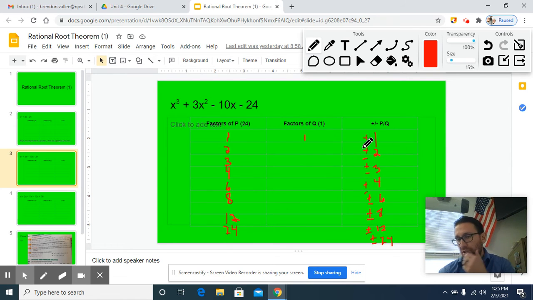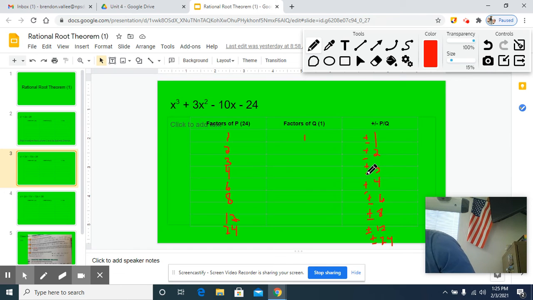So now what you're going to do is pick one of these values, okay? And you're going to do synthetic division to see if you get something that works, right? You get 0 as a remainder, okay? So this part is just guess and check.